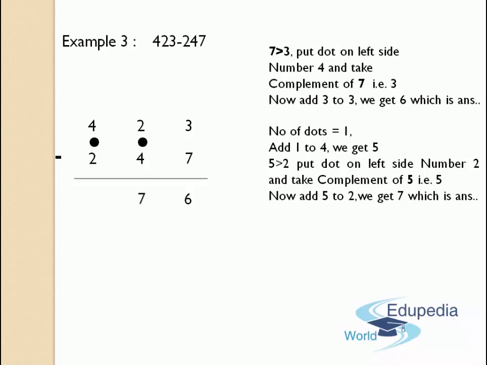After writing 7 in the answer's place, you move on to the next column, that is the hundreds place. In the hundreds place, at first you have to count the number of dots. The number of dots is 1 and this count should be added to the digit 2. You will get 3.